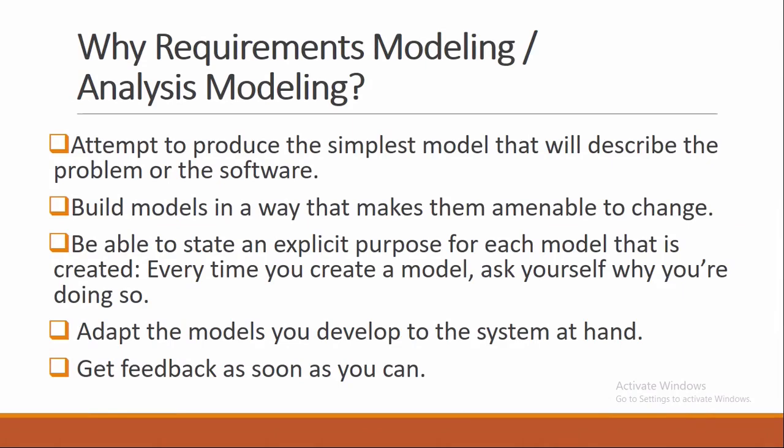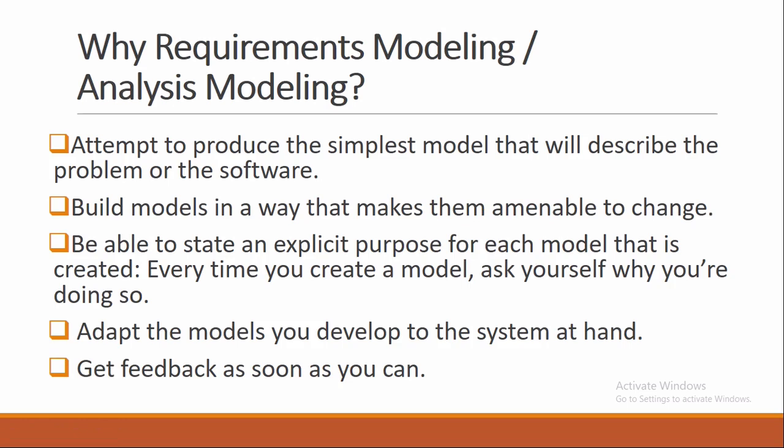Now, why is requirement modeling, or analysis modeling, important? Why do we need this? Requirement modeling is important because it helps in creating a simple and understandable representation of the system. Attempt to produce the simplest model that will describe the problem or the software, and build the model in such a way that it is easy to change.